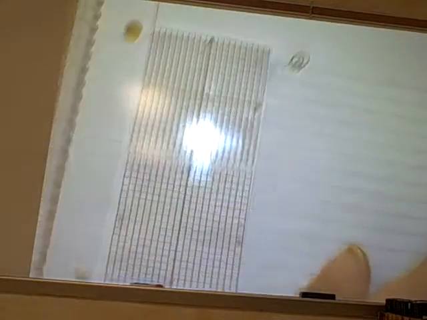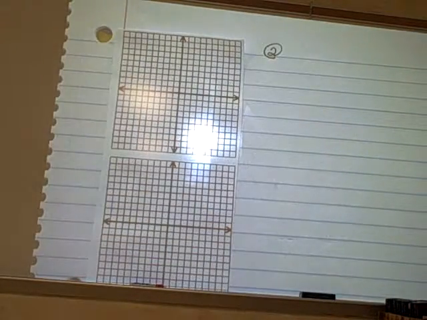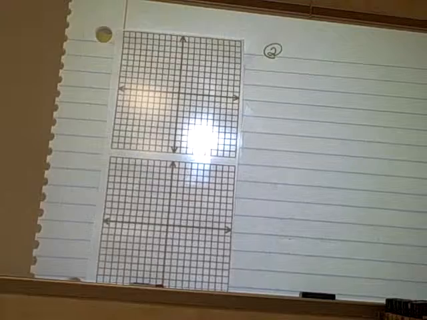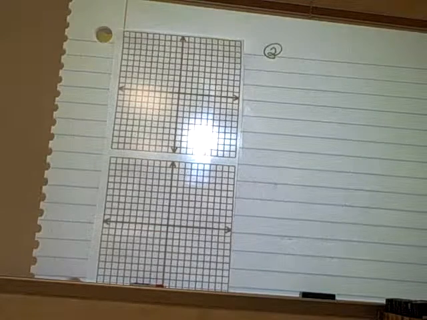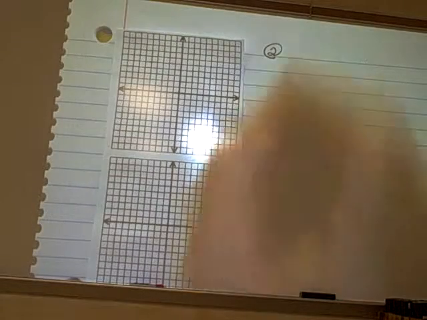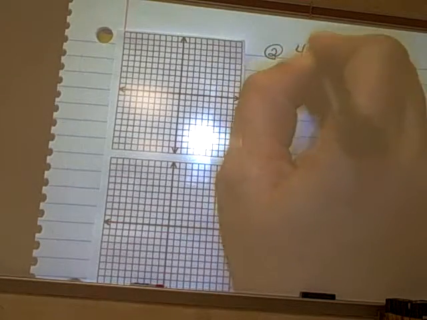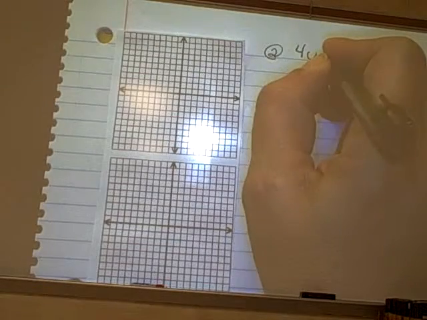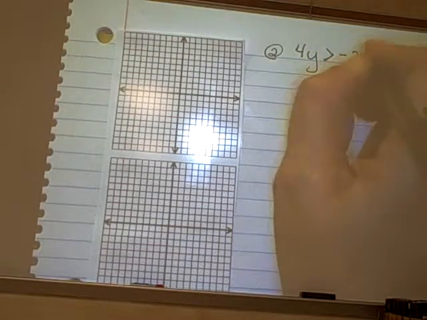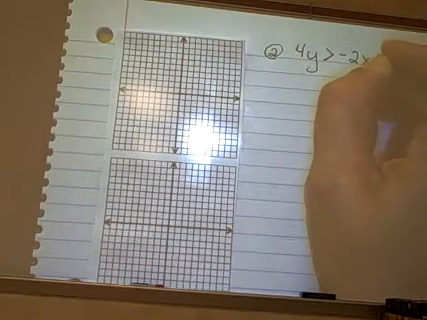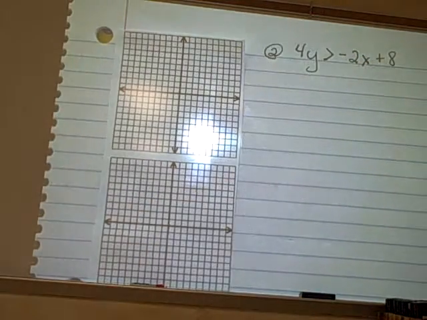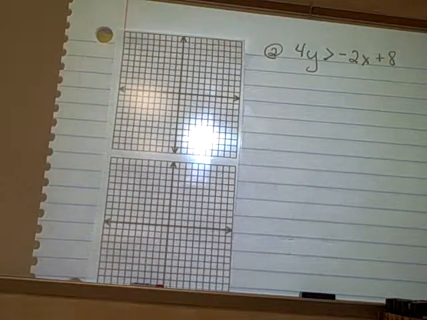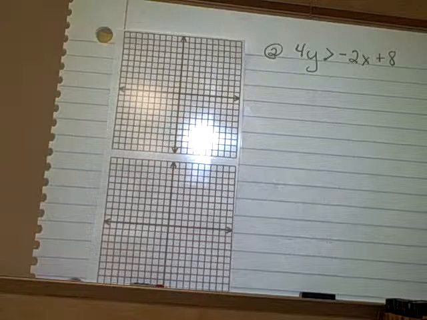What if I have, let's find the thing I'm supposed to use. What if I had 4y is greater than negative 2x plus 8. 4y is greater than negative 2x plus 8.